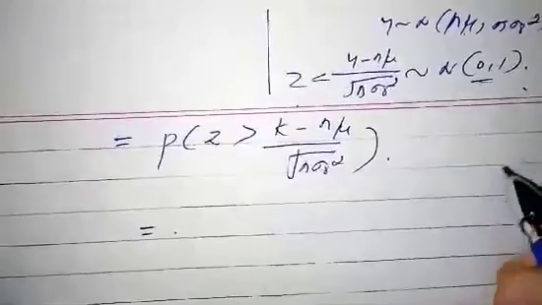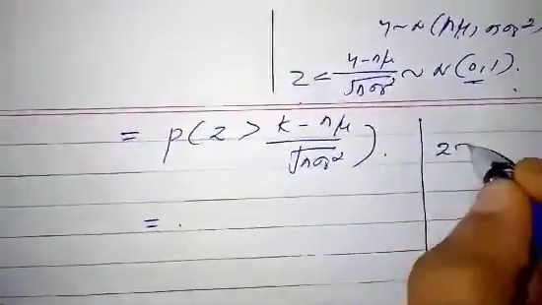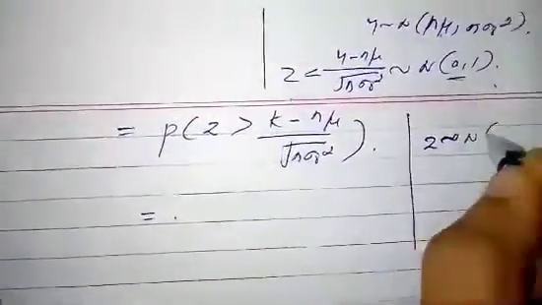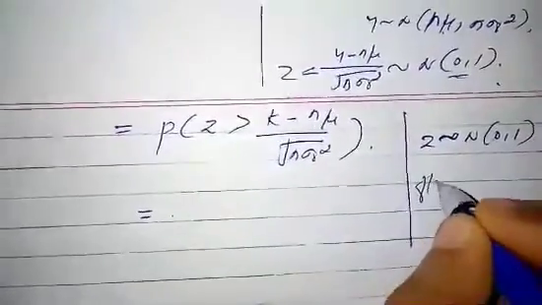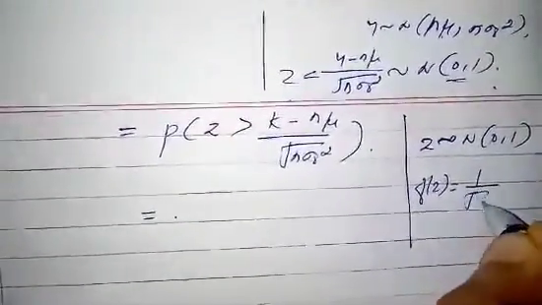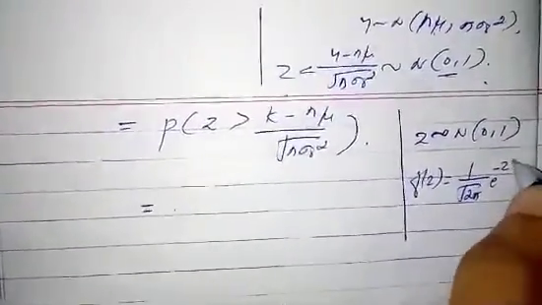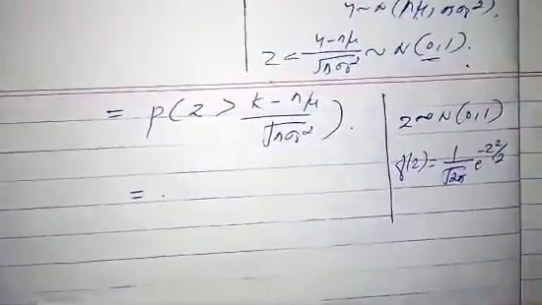It is the PDF of the standard normal distribution. If z follows normal 0 comma 1, then f of z equals 1 by square root of 2 pi e power minus z square divided by 2.